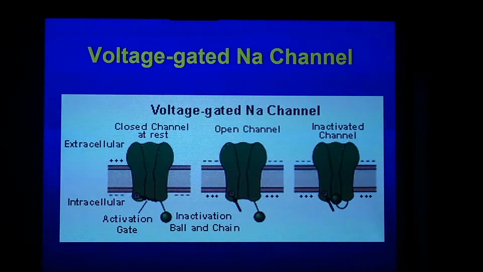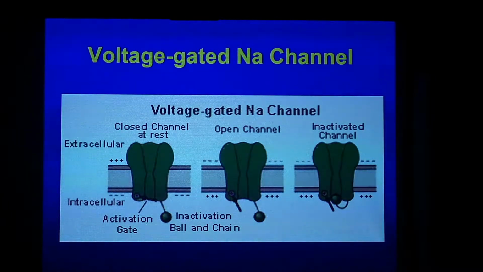So what you're imagining is there's a time when the gate is open and the ball and chain is letting ions through. It hasn't quite properly plugged the channel, and so you have this intermediate state. That doesn't seem to occur. You don't get a state where you're partially inactivated. At least, be a little careful of that.